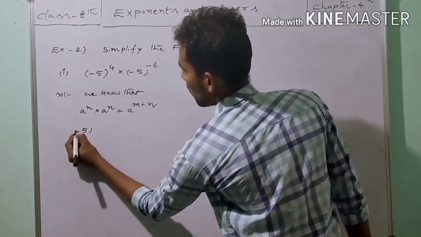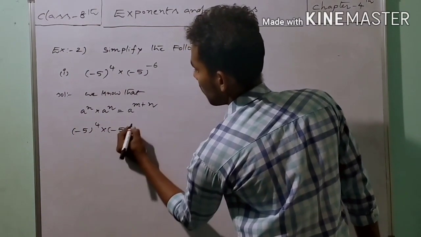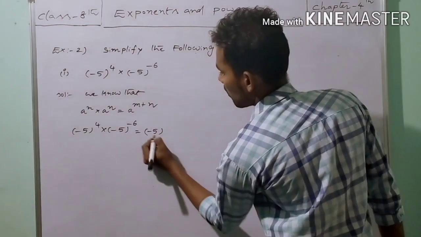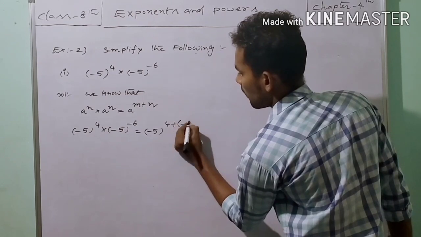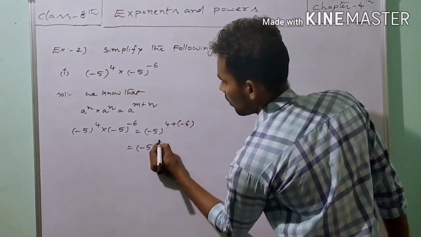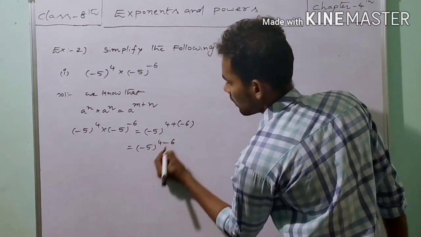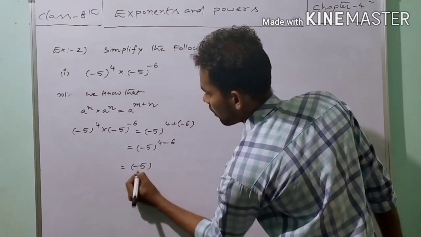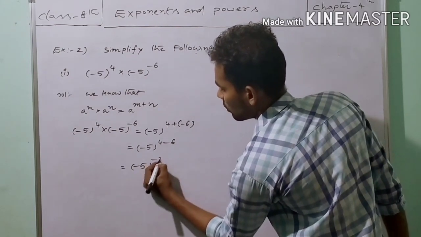Minus 5 whole power of 4 into minus 5 whole power of minus 6 equals minus 5 whole power of 4 plus minus 6, equals minus 5 whole power of minus 2.